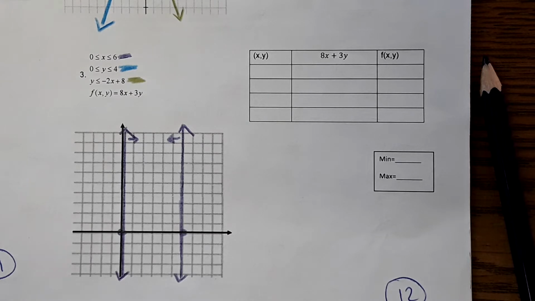Then you staying hanging with us? You good? Okay. Then between 0 and 4 for y.